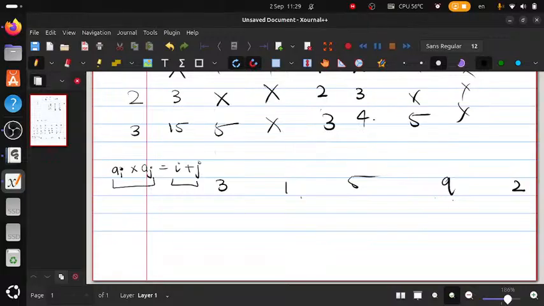The hard problem. How can we check this? How can we check?